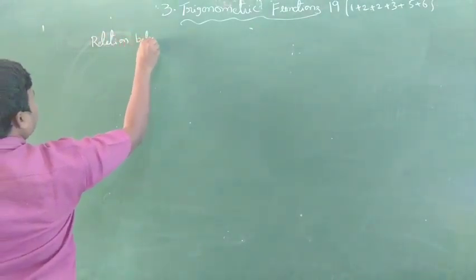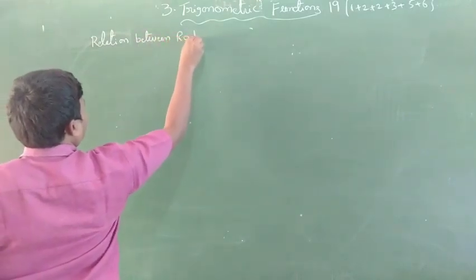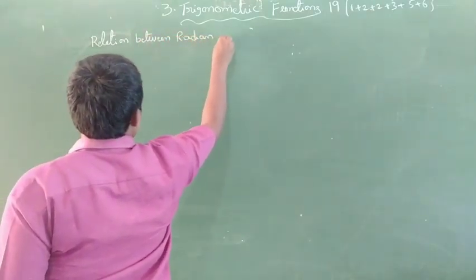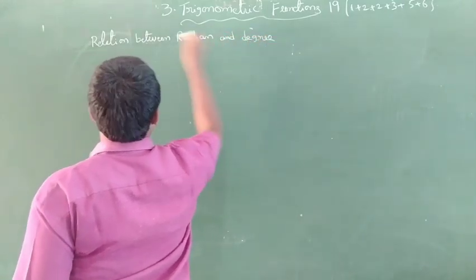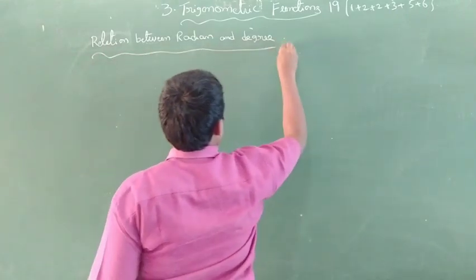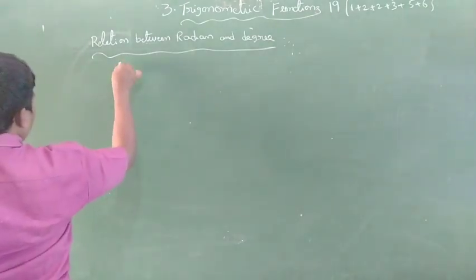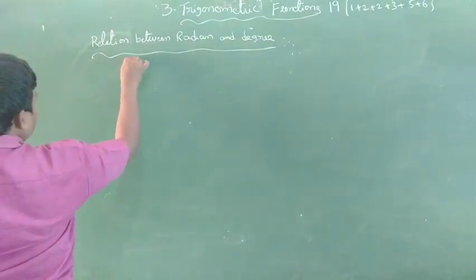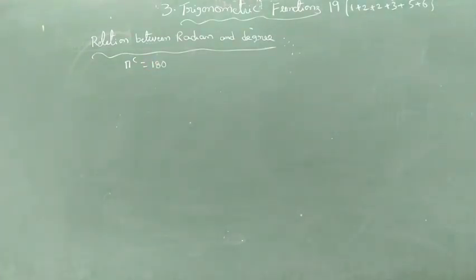Relation between radian and degree: Pi radians is equal to 180 degrees. Pi radians symbol, radian symbol. Pi radian is equal to 180 degrees.